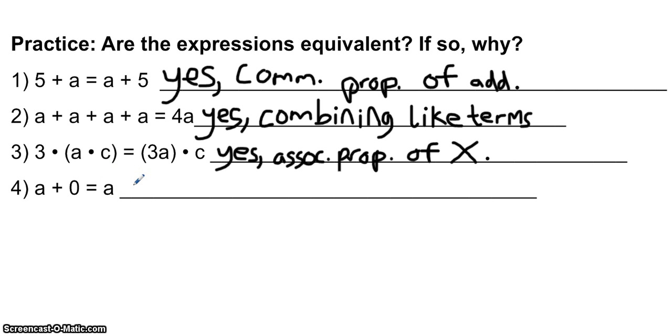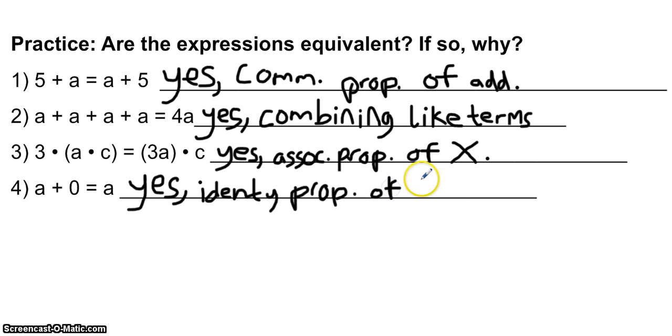Remember, when we add 0 to any number, the answer is that number. So the identity property of addition.